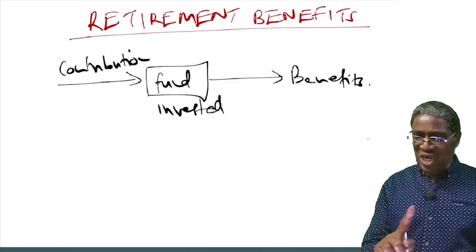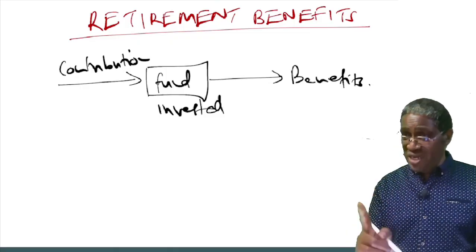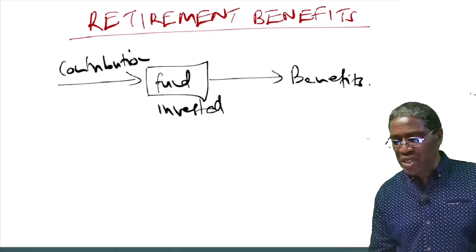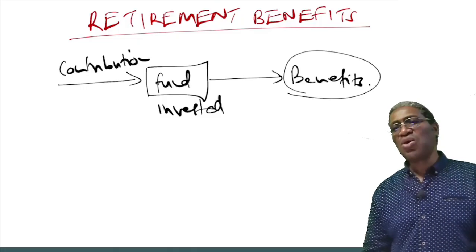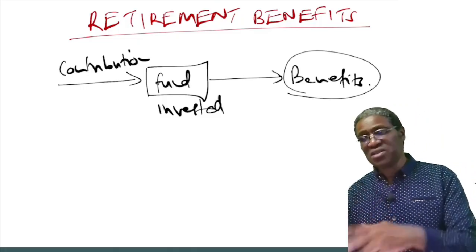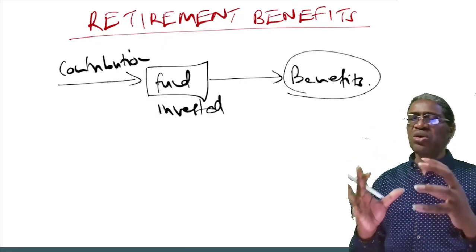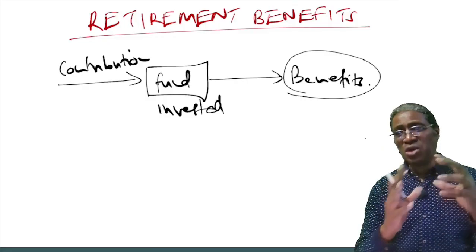Those contributions are normally invested by the funding agent, and then it is the funding agent who pays the benefits to the employees when they retire, whatever time they will retire. So now you know how a pension scheme operates.